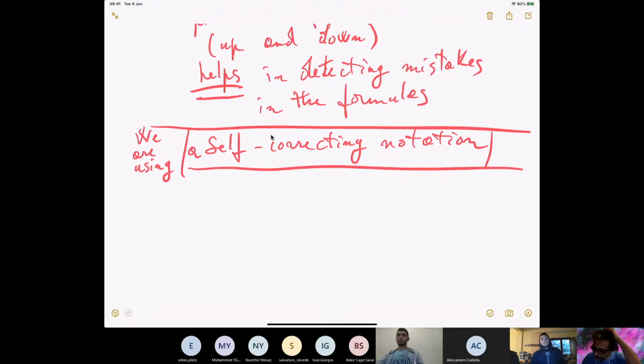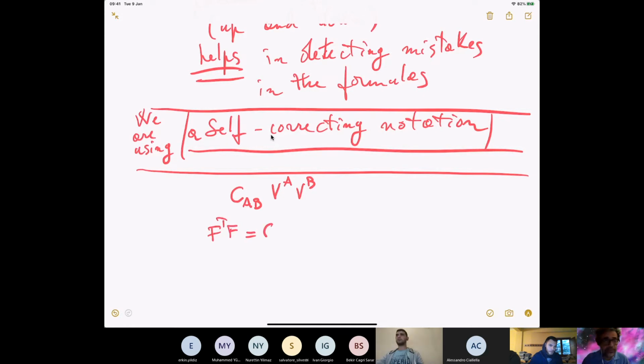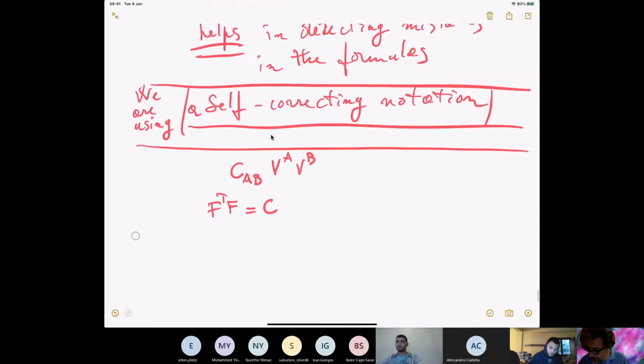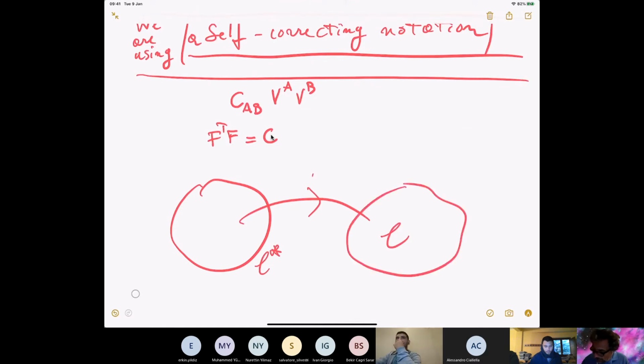Now, let's go to CAB, VAVB. You remember, we have written F transpose F, we have called it C, and we said that the deformation observed in a deformable body locally is small.